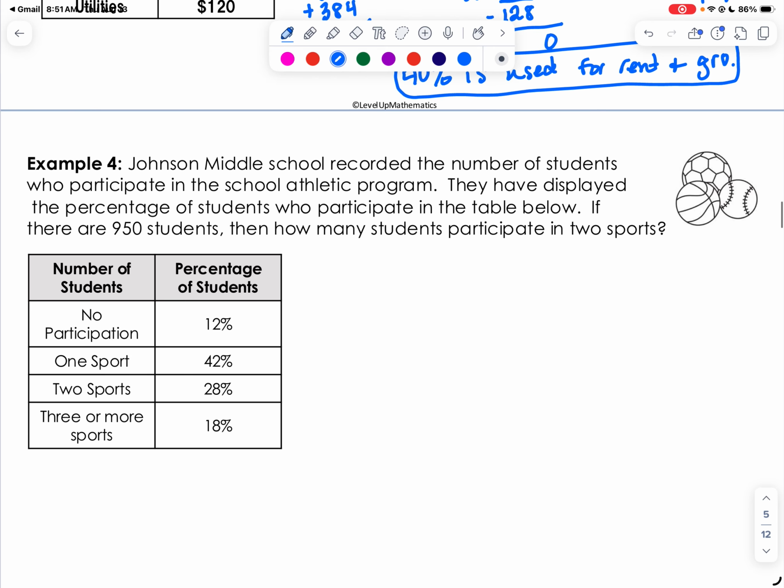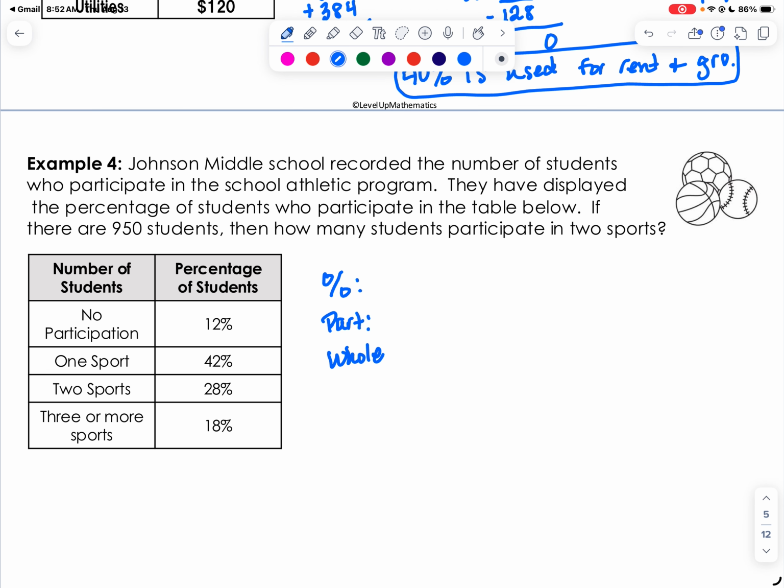Example 4. Johnson Middle School recorded the number of students who participate in the school's athletic program. They have displayed the percentage of students who participate in the table below. If there are 950 students, then how many students participate in 2 sports? So percent, part, whole.